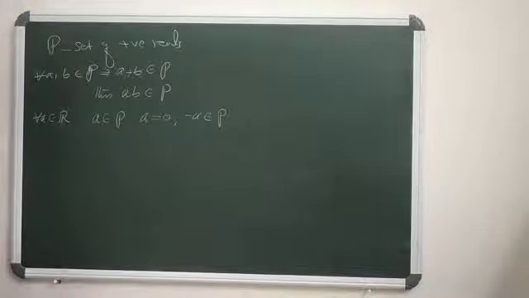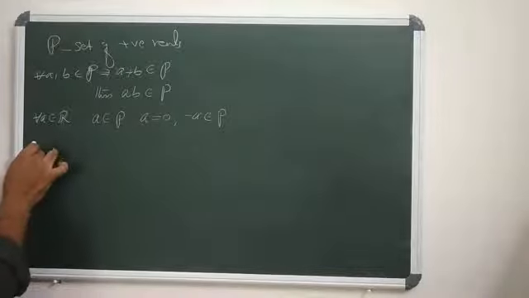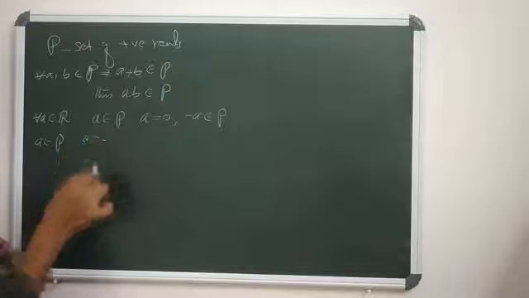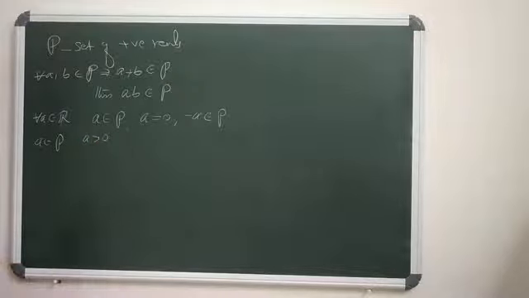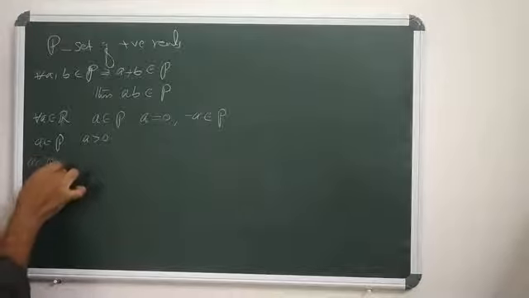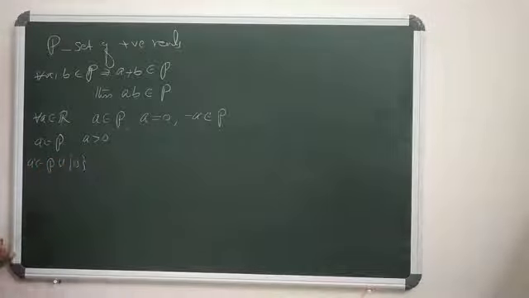Then if A is in P, what happens? If A is in P, A is a positive real number, which means A is greater than 0. Now, what is P? P is the set of all positive reals only; 0 is not included.